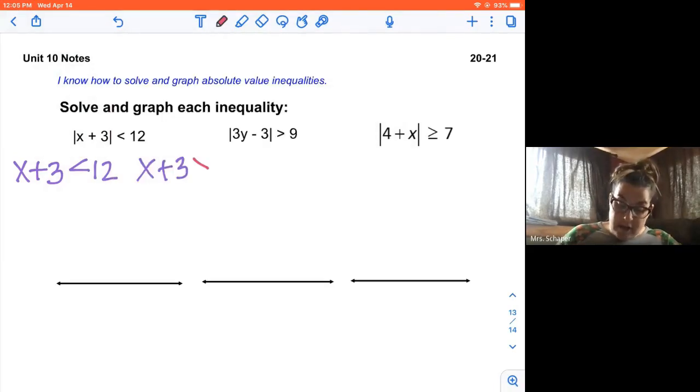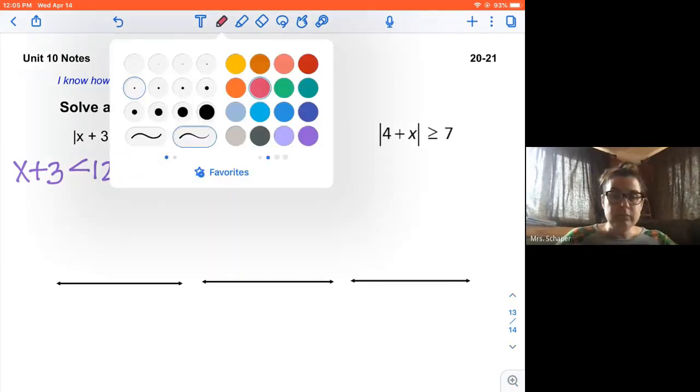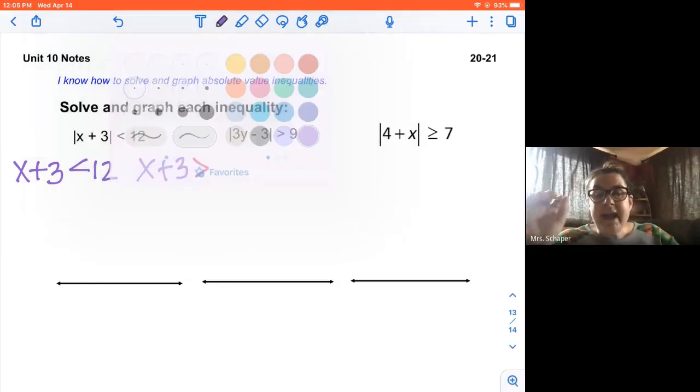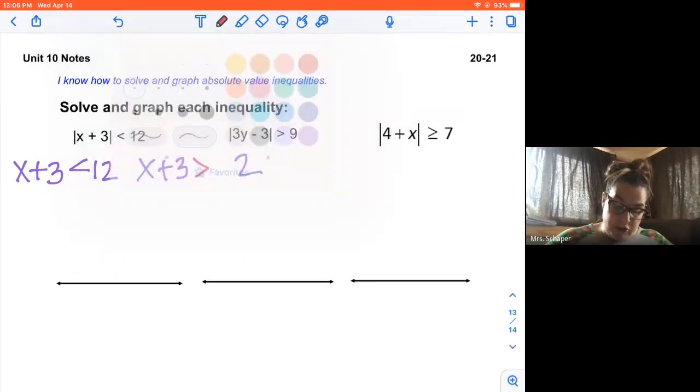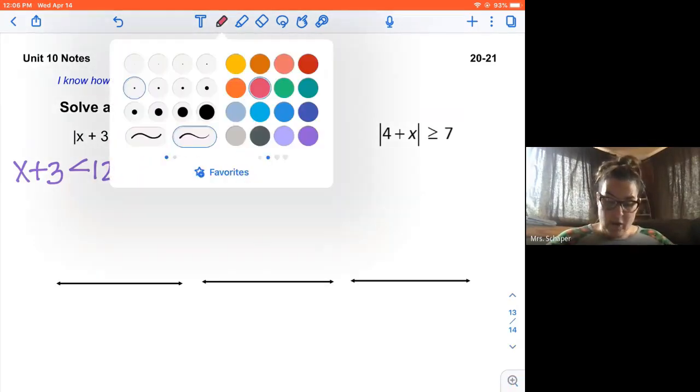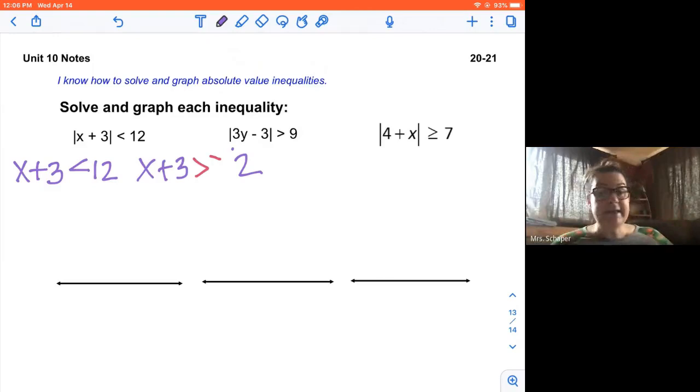It is greater than, and we're taking the negative. So it's greater than negative 12. You can see that we're making two changes to it. The first one we just keep as x plus 3 is less than 12. The second one, we change the sign and make the 12 negative.